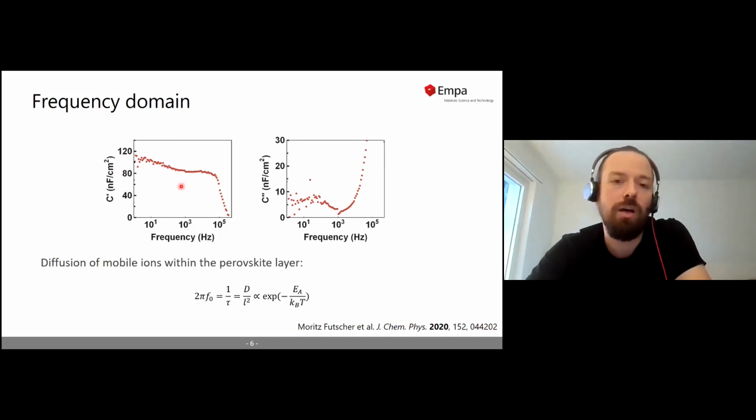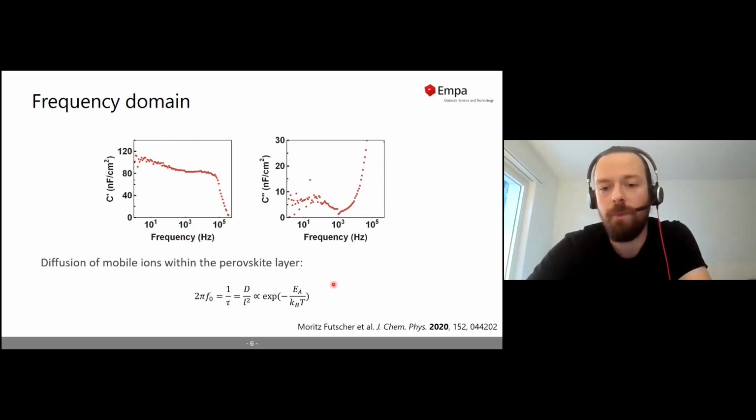And we can now come up with a formula if we assume that this is due to the diffusion of mobile ions within the perovskite layer. We can say this frequency is related to a time constant, which is then related to diffusion, whereas the diffusion is directly related to the distance and the time.